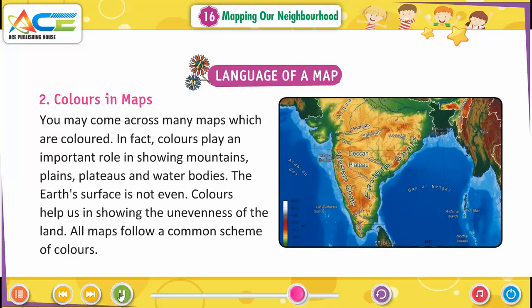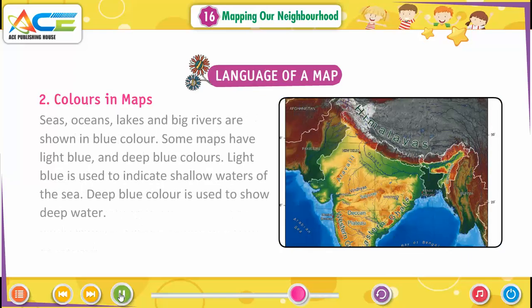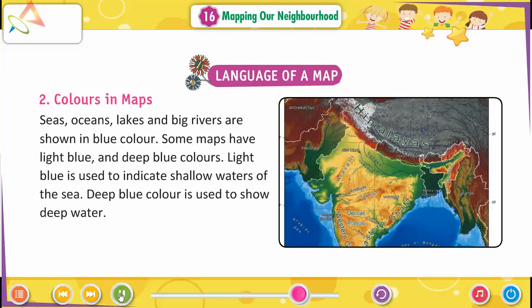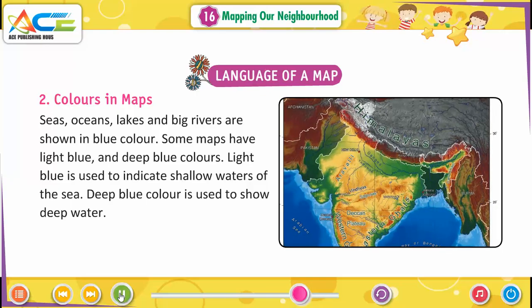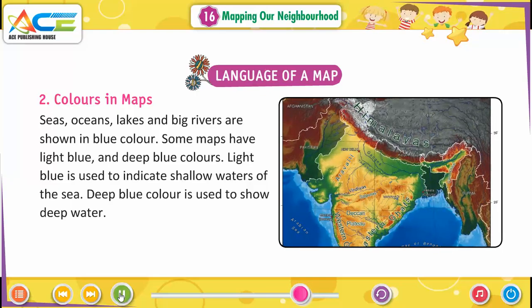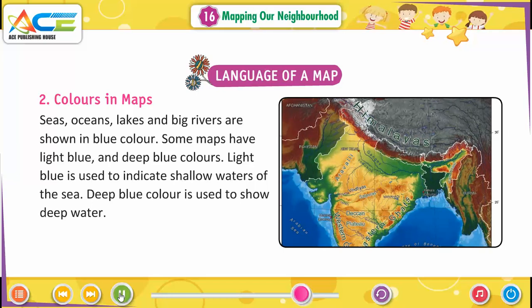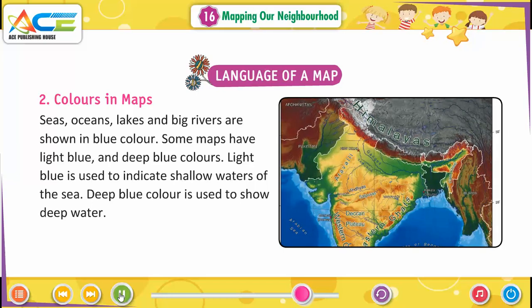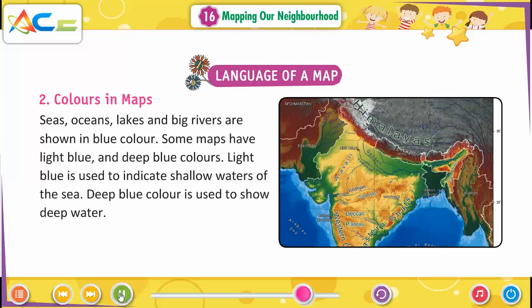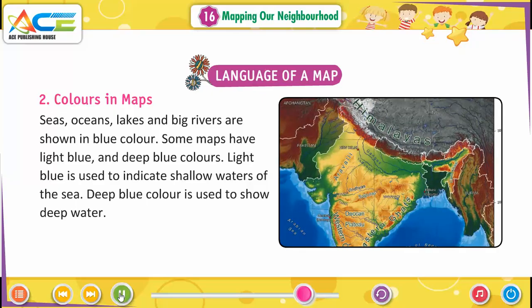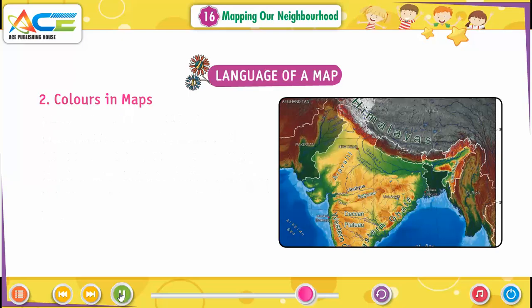All maps follow a common scheme of colors. Seas, oceans, lakes, and big rivers are shown in blue color. Some maps have light blue and deep blue colors. Light blue is used to indicate shallow waters of the sea. Deep blue color is used to show deep water.